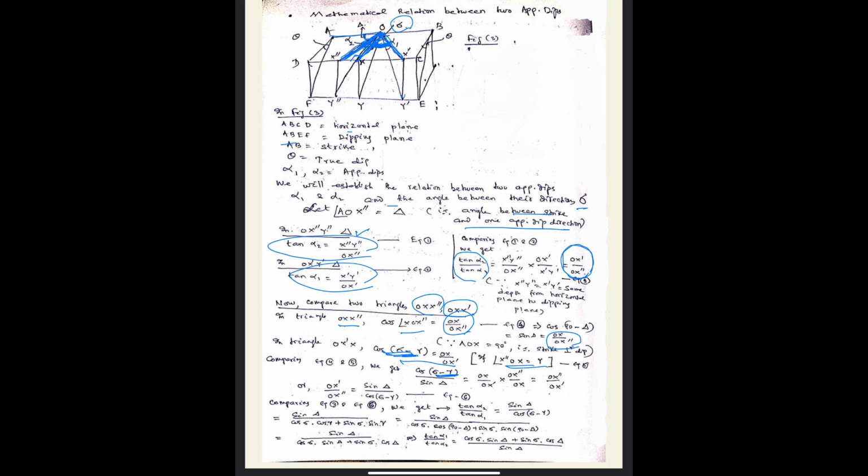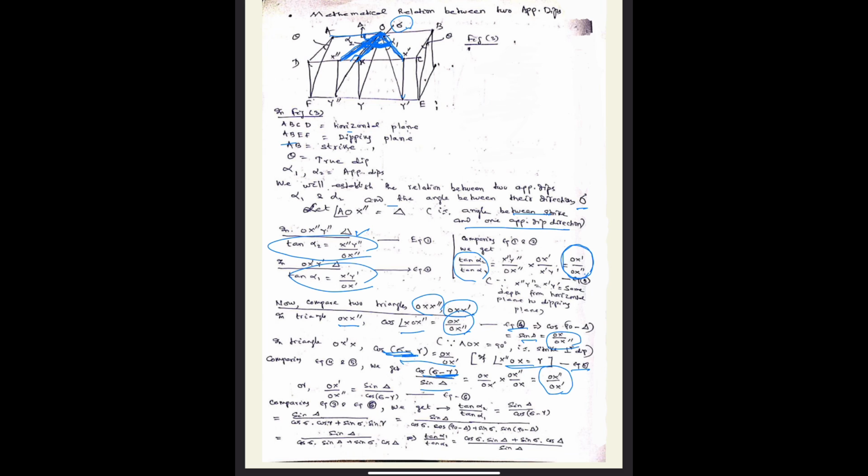So now if you compare these two, equation 4 and equation 5, by dividing them, we get cos of this angle by sin delta equal to OX double dash by OX dash. The common OX will be cancelled out.